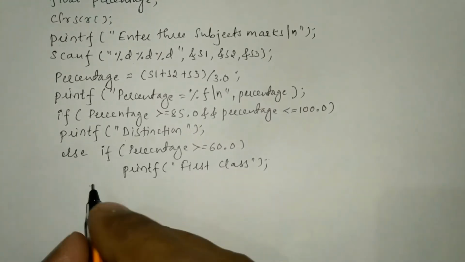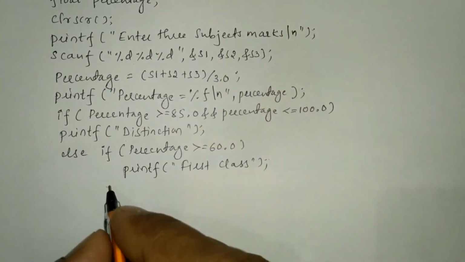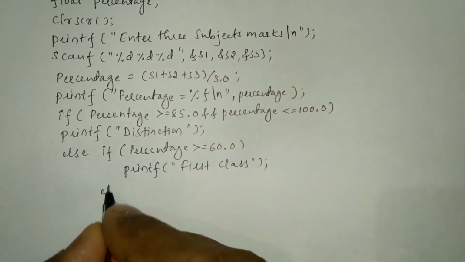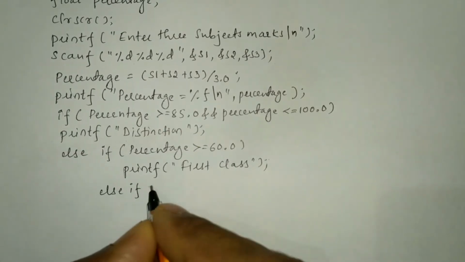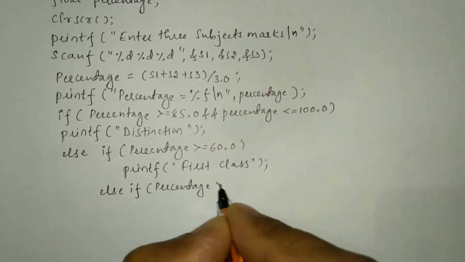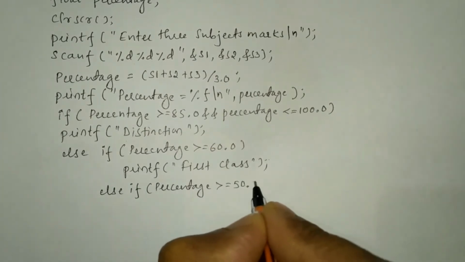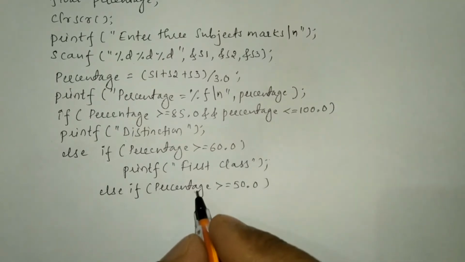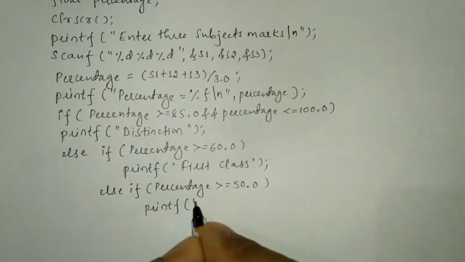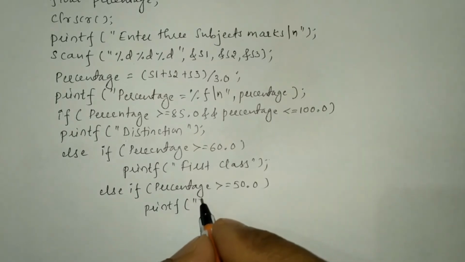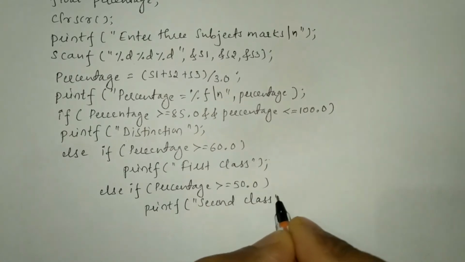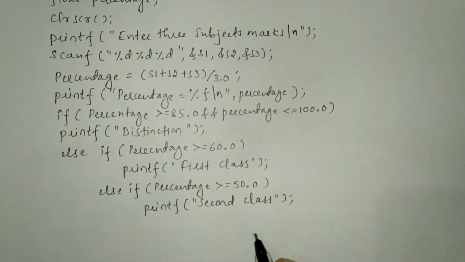Similarly, once again we are going to check the next condition. If this condition fails then I have to go for the next statement. Else if percentage is greater than or equal to 50.0, then it should print second class. In a printf statement, I'm going to write second class, end the double quotation mark and put semicolon.